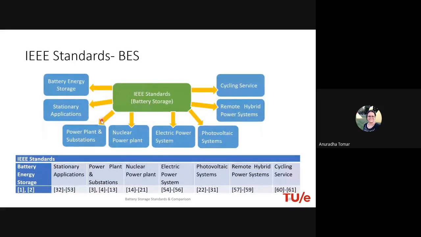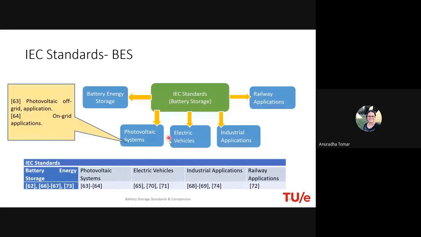Here you could see that after these some applications, the other applications completely fall in one category, that is the stationary applications. But here we see that they are especially focusing on the electric vehicles as well as the industrial applications. And one new category that I've seen in this IEC standard is for the railway applications.